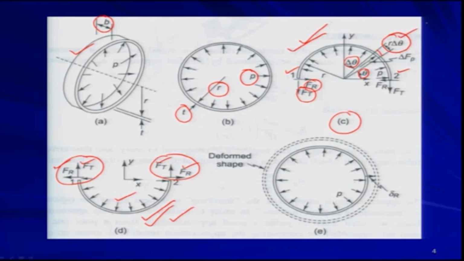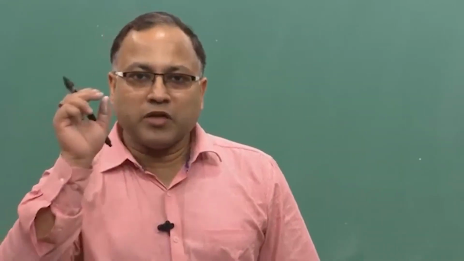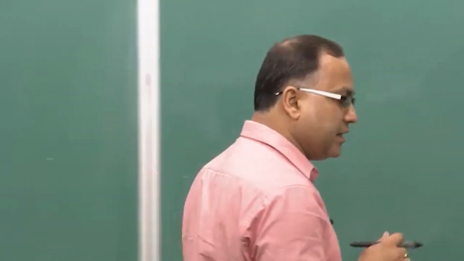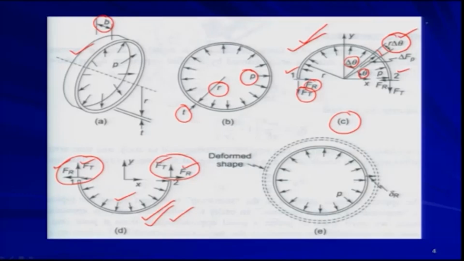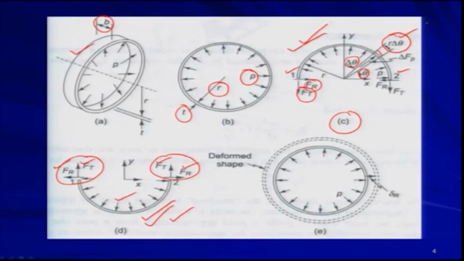Now, on this small element, if small p, the internal pressure, is acting, then how much force is getting developed, that we try to write down. That will be delta Fp as shown in the figure. If you look at the figure, delta Fp is the radial force, okay.